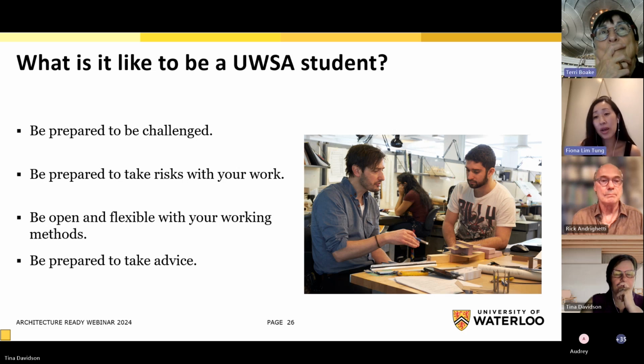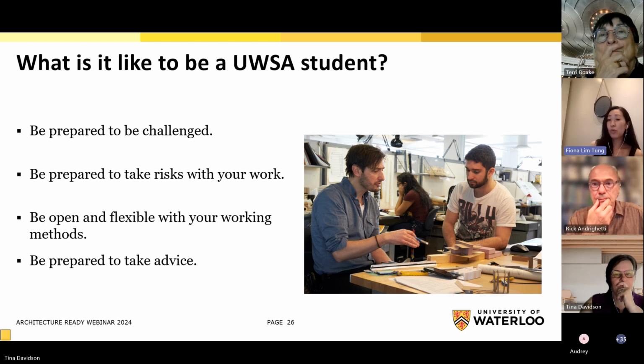You should also become quite open and flexible with your working methods. Through the first year curriculum, you're going to be exposed in studio to many different ways of working and many different ways of designing. Like Tara mentioned, design is a little bit subjective, right? It's open-ended. With the project, we expect that we'll see 75 different responses to the exact same brief.